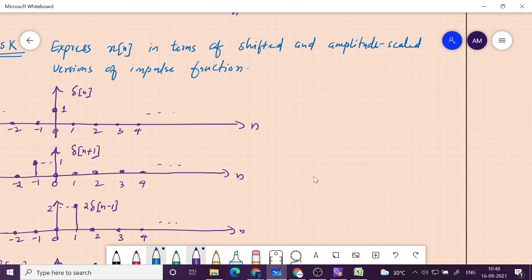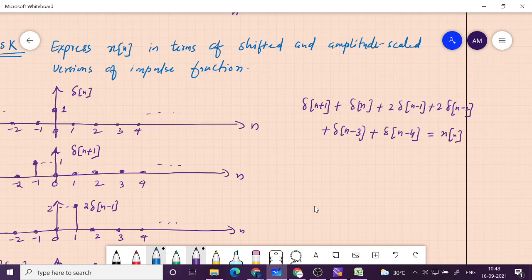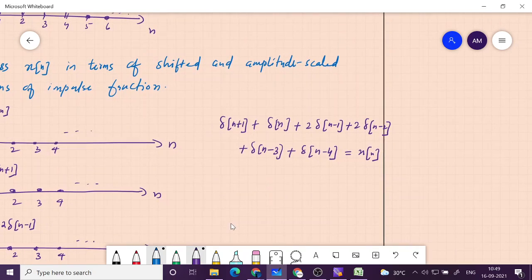So if I add delta of n plus 1, with delta of n, plus 2 delta of n minus 1, plus 2 delta of n minus 2, plus delta of n minus 3, plus delta of n minus 4. That's it. If I add all of this, I will get my x of n. All of you agree with this?